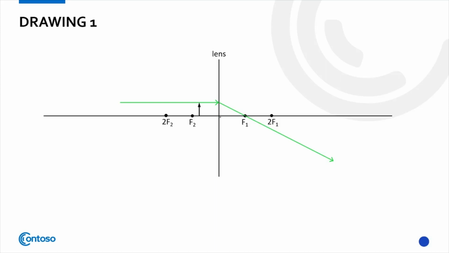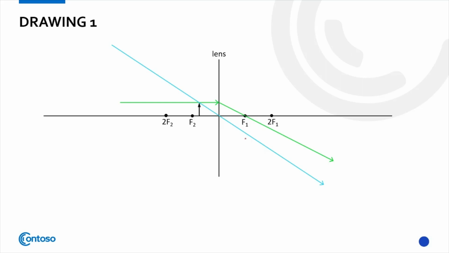The second ray must pass through the tip of the object and the vertex. The vertex is the point where the primary axis and the center of the lens meets. This ray will not be refracted. Instead, it will continue as a straight line.